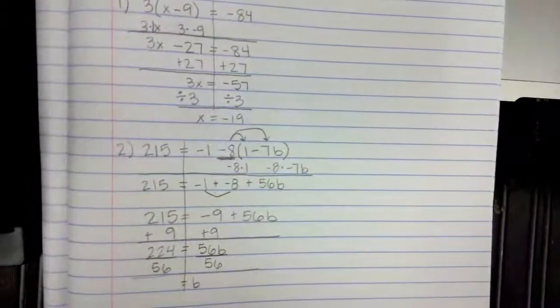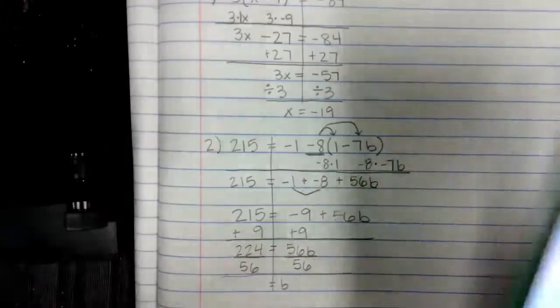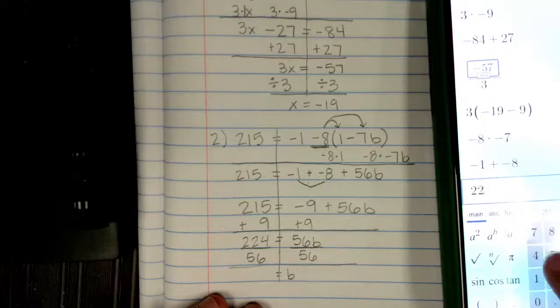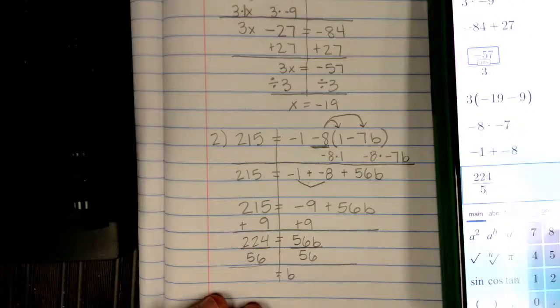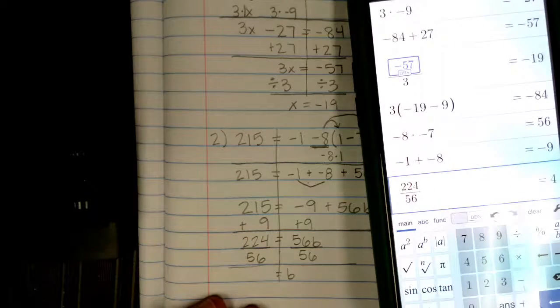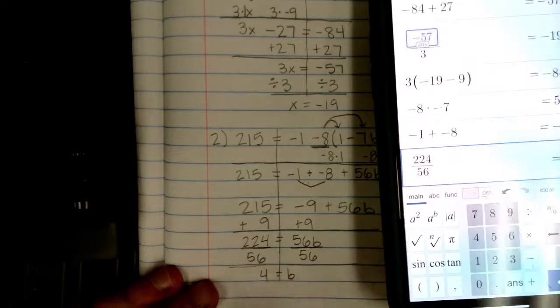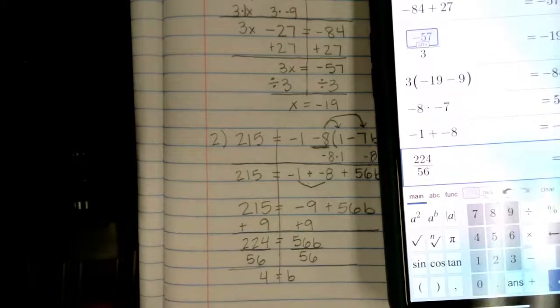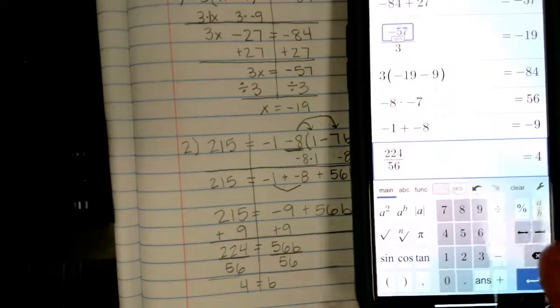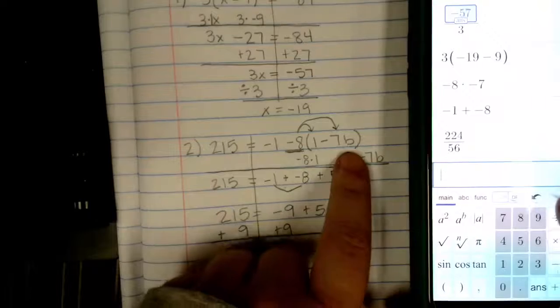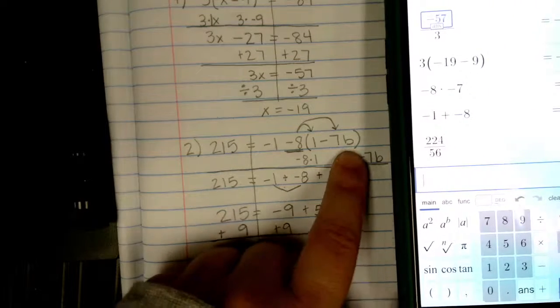224 divided by 56 equals 4. How can I check my work? Yeah, I can plug that 4 back into this b way up here. So I'm going to ignore the 215.